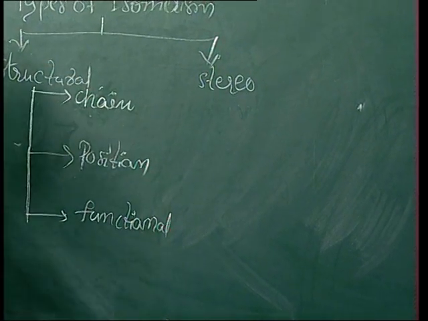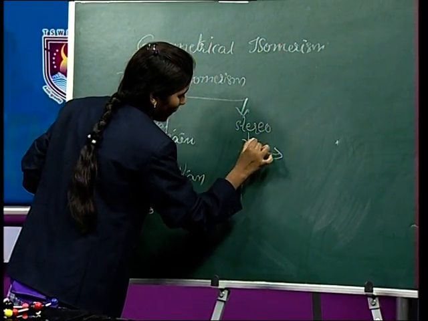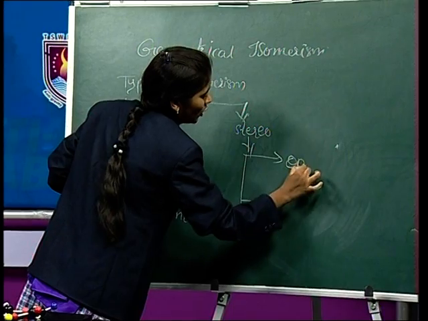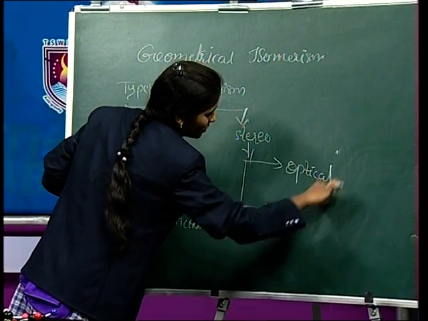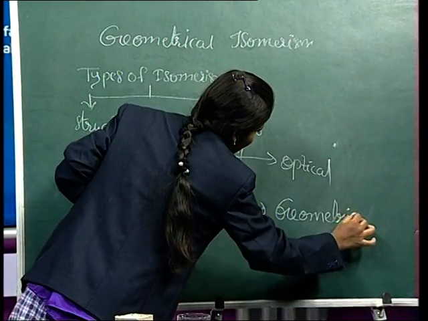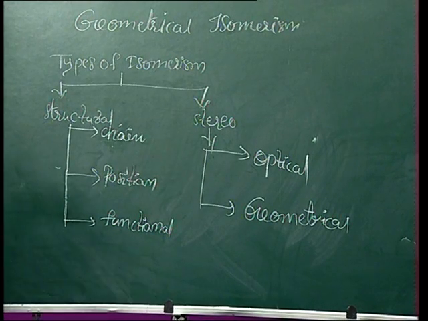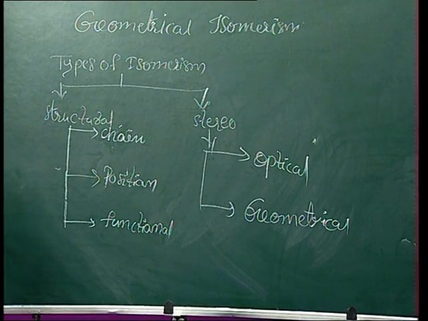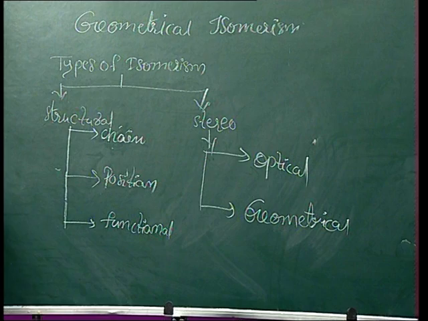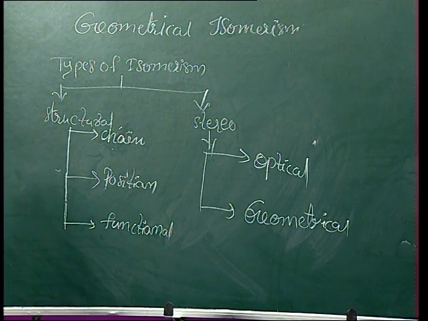Here the stereo isomerism is again classified into two types. What are they? Optical isomerism and geometrical isomerism. Here the isomers have the same connectivity. The structural isomerism is classified into three types: chain isomerism, position isomerism and functional isomerism.